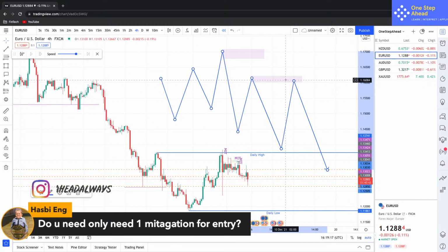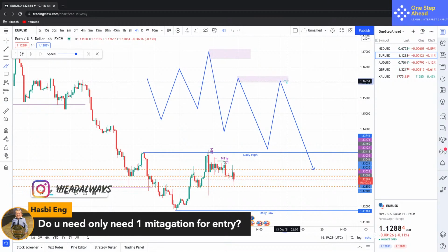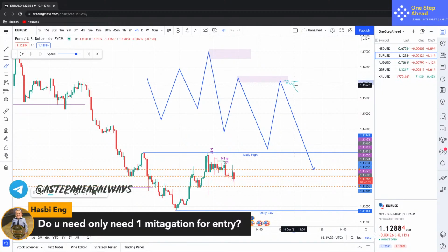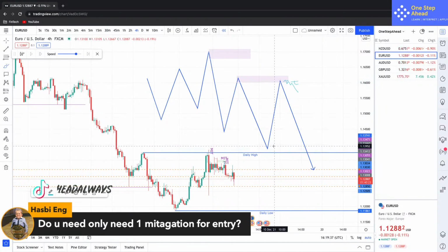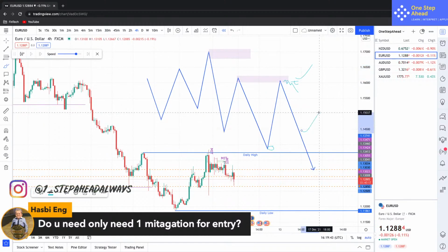Maybe if you are on 4 hour, go down here to a 15 minute or 5 minutes, and see the order flow happening, mitigation happening here. For example, this is 4 hour, and this is happening on 5 minute. Okay, so mitigation, and you can take from here rather than waiting to break this. Okay, this will be actually higher probability as well, and this is higher than this.